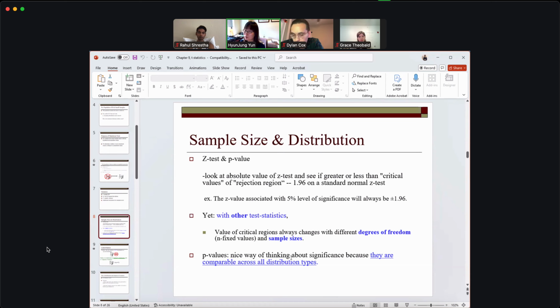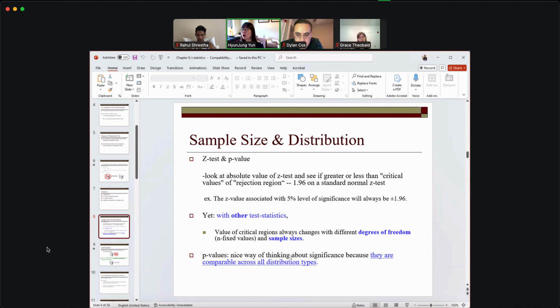Whenever those statistics deal with degrees of freedom, you need to always report the degrees of freedom in your interpretation, in your result write-up. Again, as I showed you how to interpret and write up the result from the z-test, I will show you what numbers you need to report for the t-test and how you can interpret it.